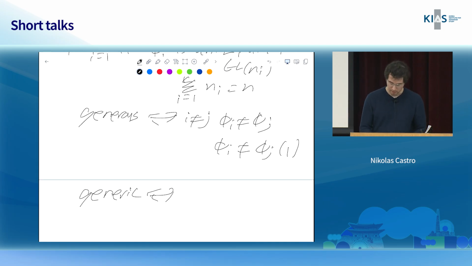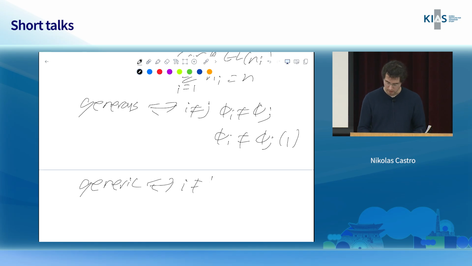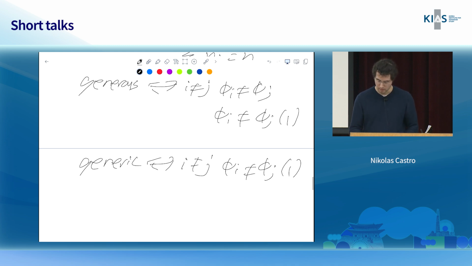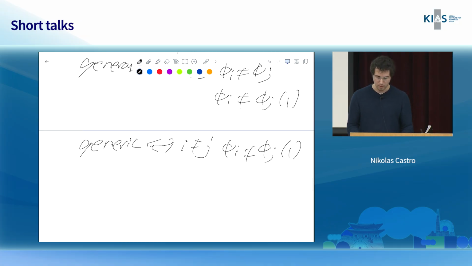Then generic is kind of similar, but we only require that they don't differ by a cyclotomic twist. So we let them be equal to one another. And then arbitrary is self-explanatory.